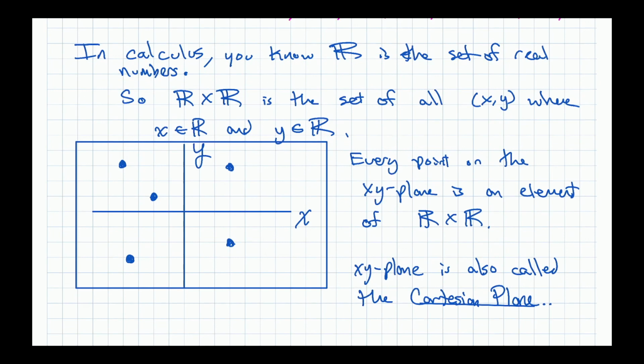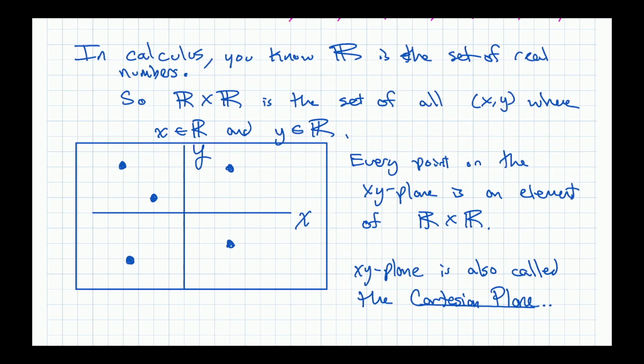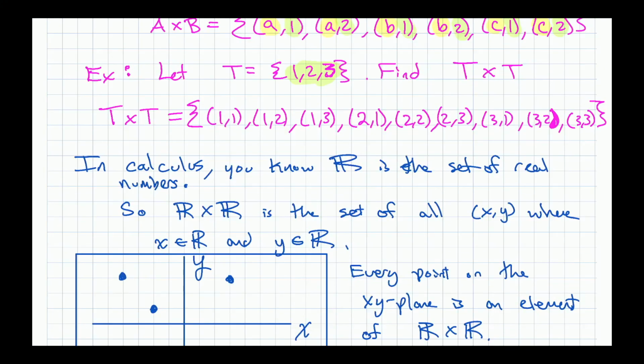So that's what a Cartesian product is, just ordered pairs.